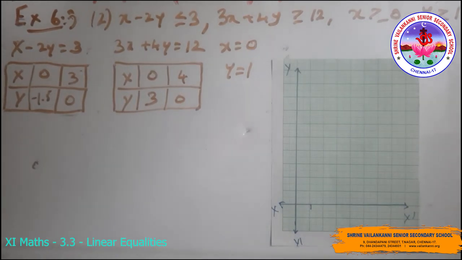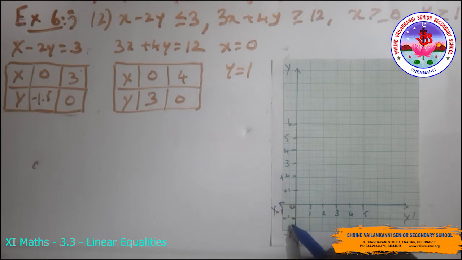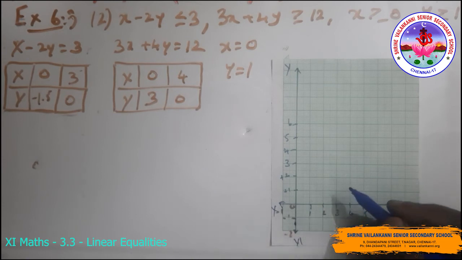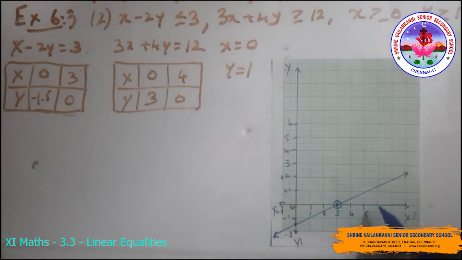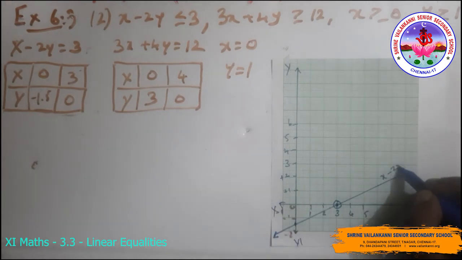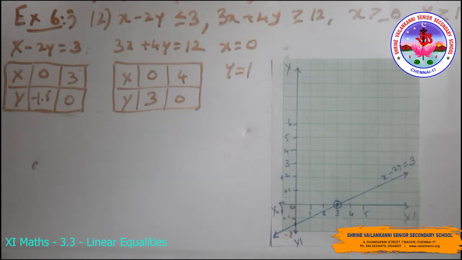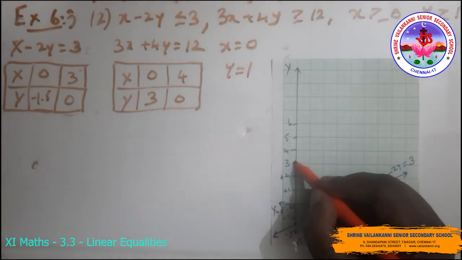So when x is 0, y is minus 1.5. And when x is 3, y is 0. So I have to join these 2 points. So this line is x minus 2y equal to 3. So second one is, when x is 0, y is 3.